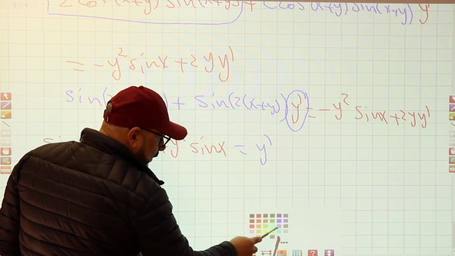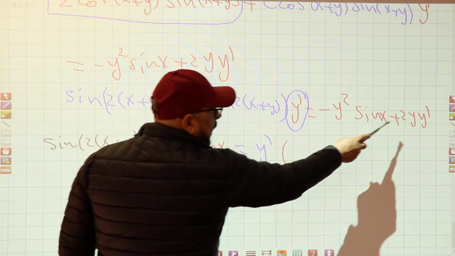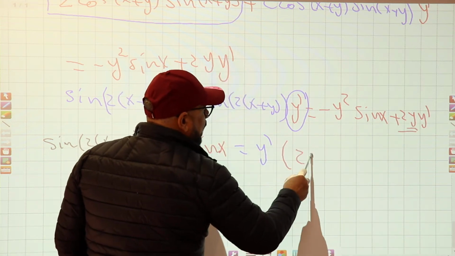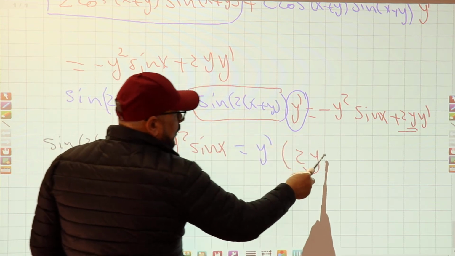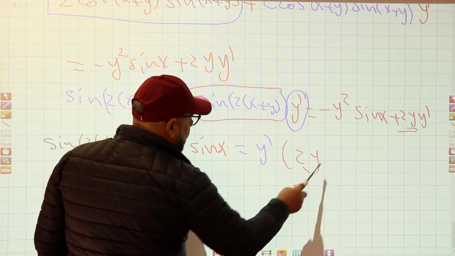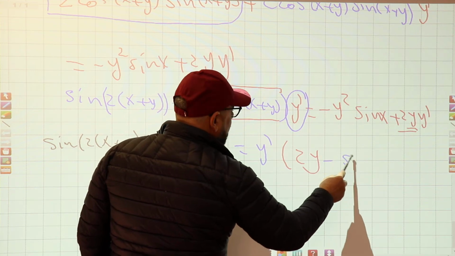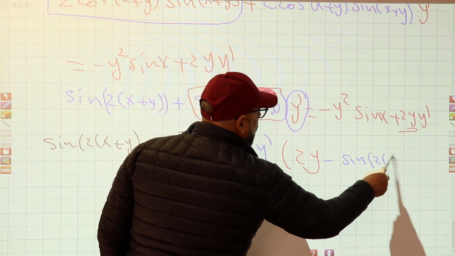From this side we have 2y, and when we bring this term to the other side it becomes negative sine 2(x plus y).